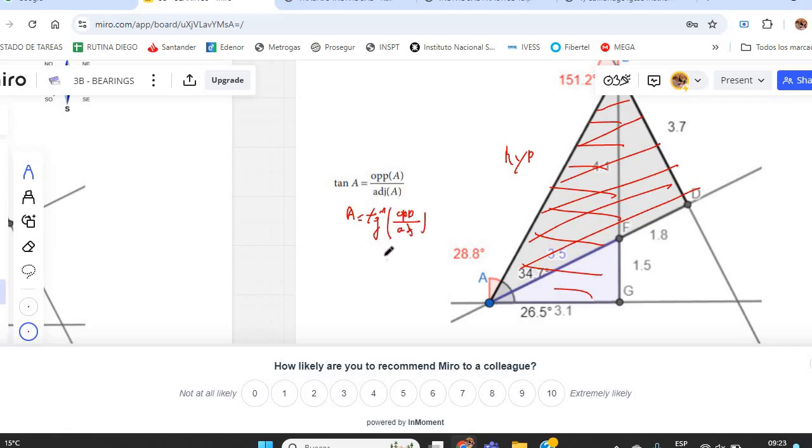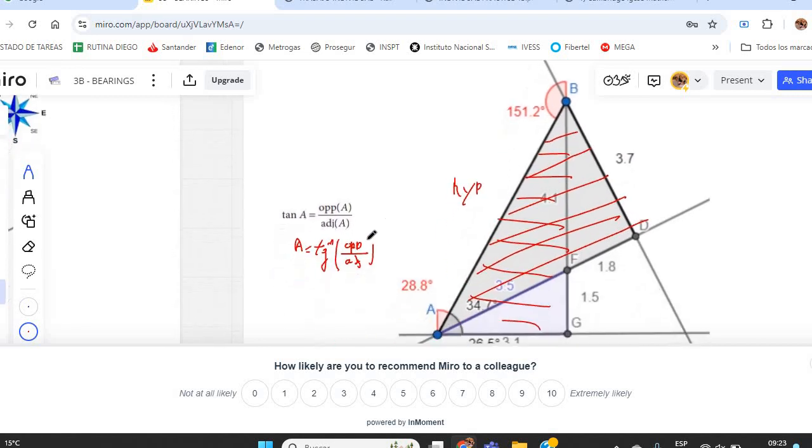Let's say, for example, that I choose triangle AGB, and I want to know this angle over here. What do you have to do? I have to find the opposite. The opposite is all this line, that is 4.1 plus 1.5.